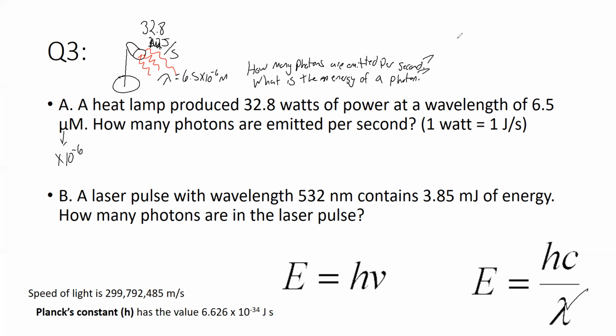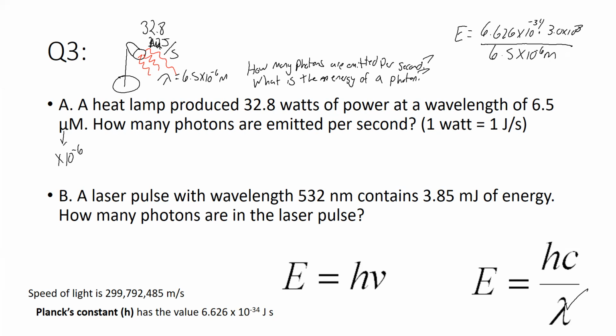So the energy of a photon equals Planck's constant, 6.626 times 10 to the minus 34, multiplied by the speed of light, 3.0 times 10 to the 8, divided by my wavelength of light, which is 6.5 times 10 to the minus 6 meters.